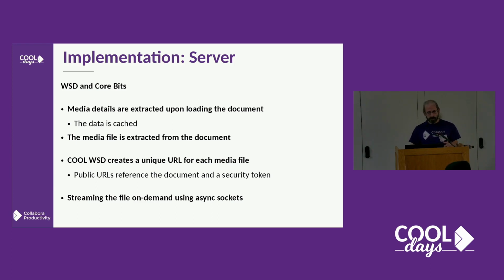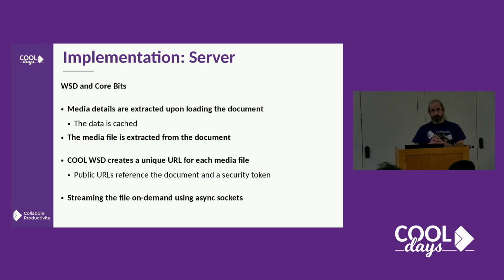And what we do is we create a unique URL that is secure in the sense that it has random keys generated in it, and also it has the full document-specific WOPI source URL, which identifies the document on the server level. So it has the domain, it has a fully qualified URL.